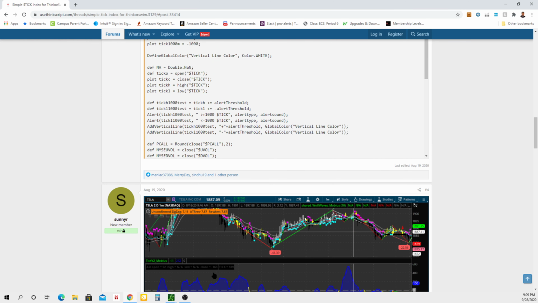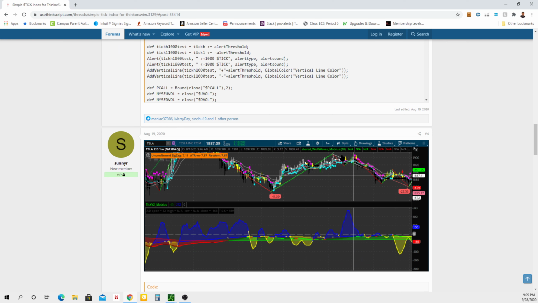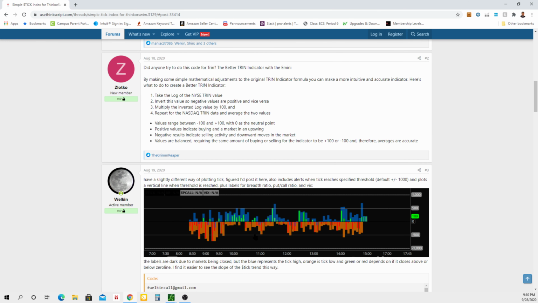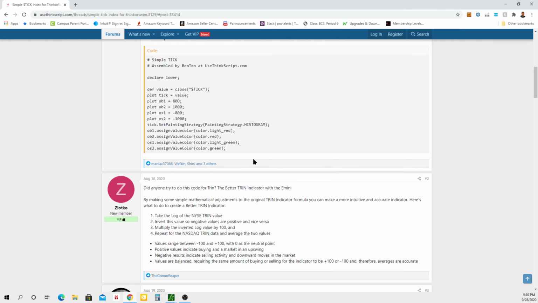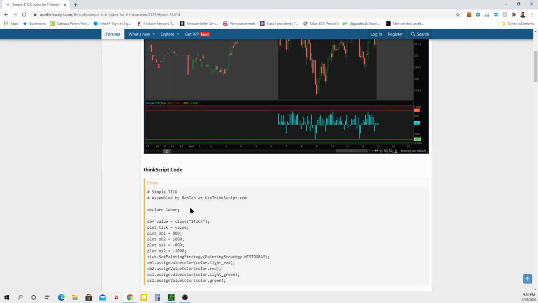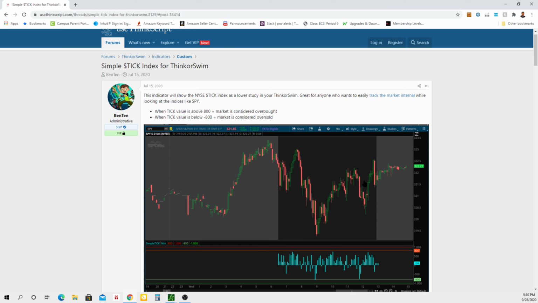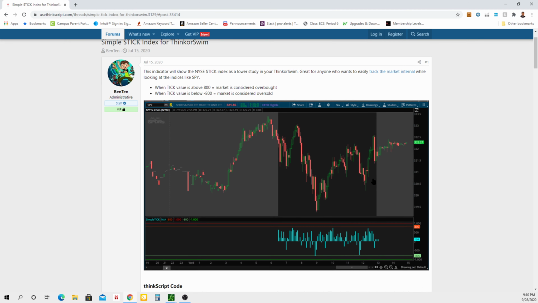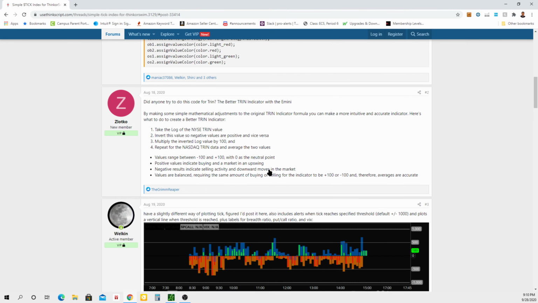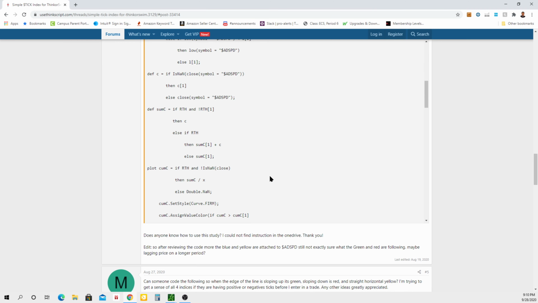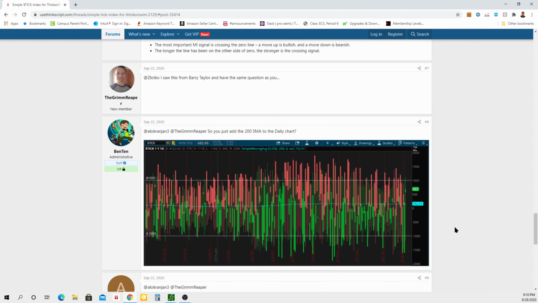These are the codes to write your tick, but this is not a good tick. Search for a good tick, because this tick I don't like. Here we go. This indicator shows a nice tick. When tick value is above 800, consider it overbought. When tick is below 800, it's considered oversold. Yeah, I don't like that tick, but go ahead and look. Here's a good one.